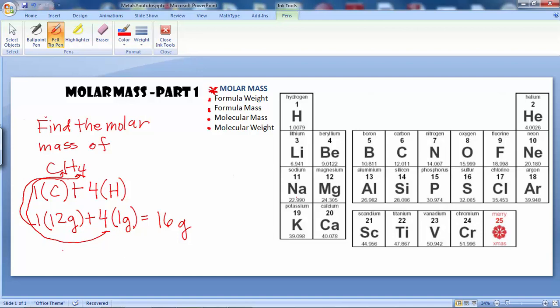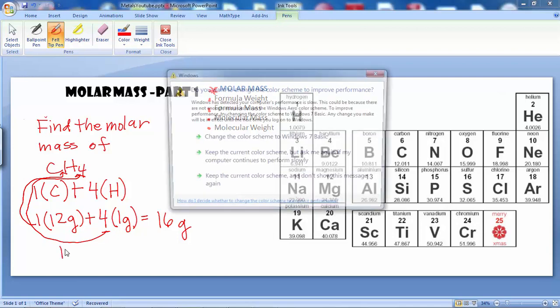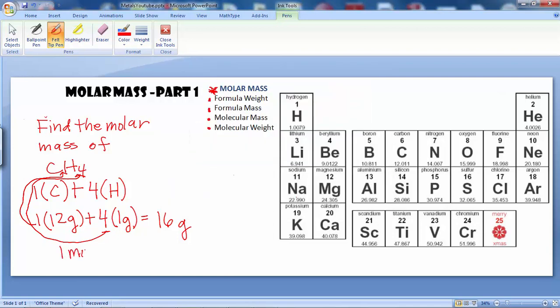After we found the molar mass, we want to write out our equivalency, or our equal statement, which says that 1 mole of CH4 is equal to 16 grams of CH4.